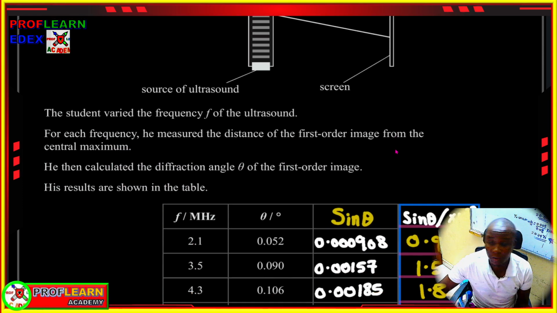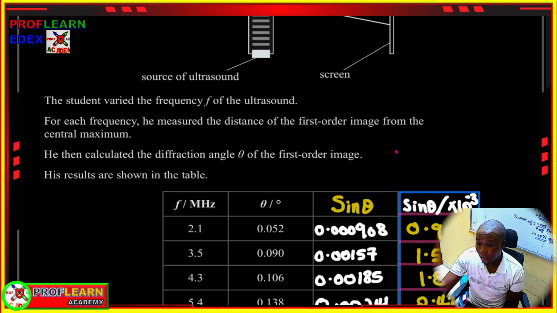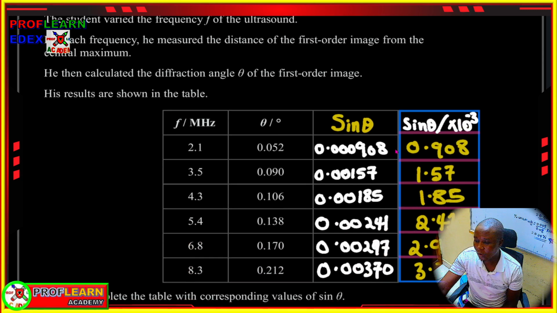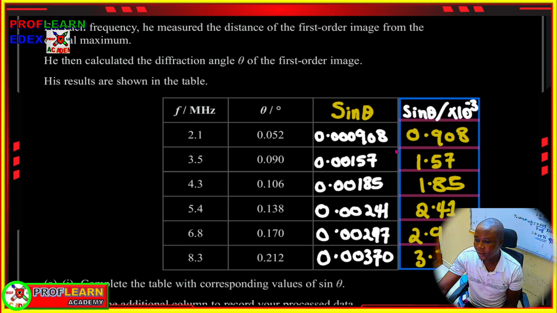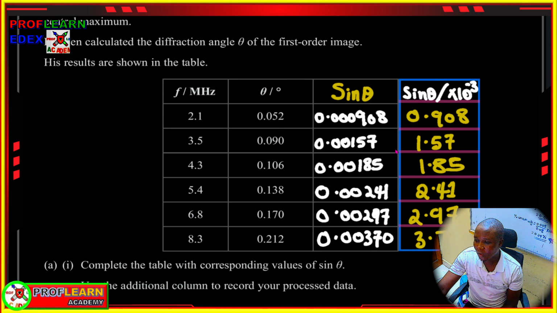But this question is not asking that. It's just testing the practical skills, which means that we can now complete the data, find the sine of the angle, fill in, and then process the data so that we can use it to draw the graph. I've decided to multiply this value.